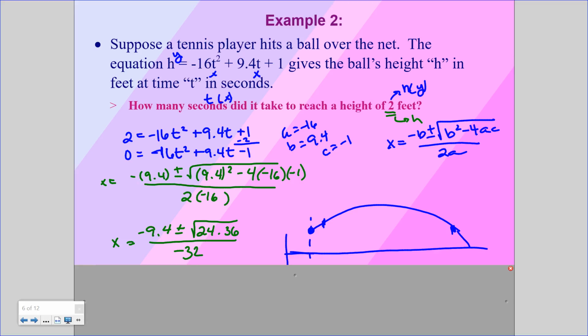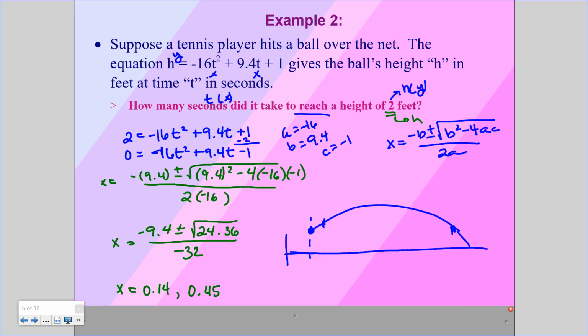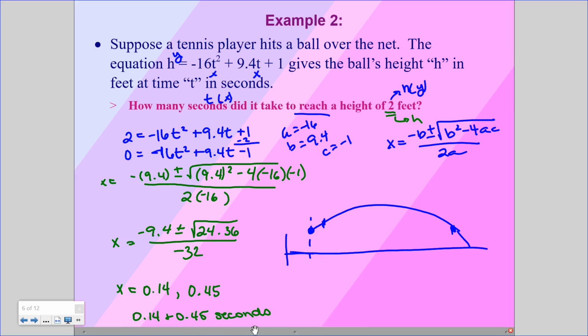But we have to look at the language being used. If we're being asked, when will it reach that 2 feet? That means on the way up, how long does it take for it to reach 2 feet? So find both your roots, but the first time that we're given here is 0.14. That's going to be the one where it's reaching the 2 feet.